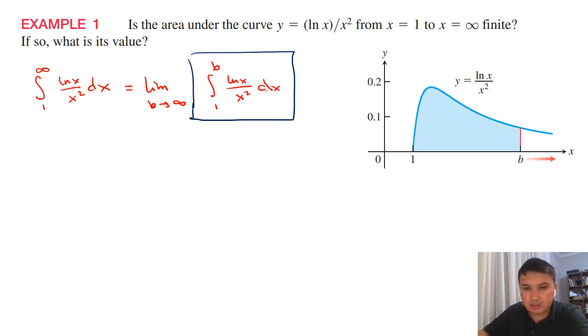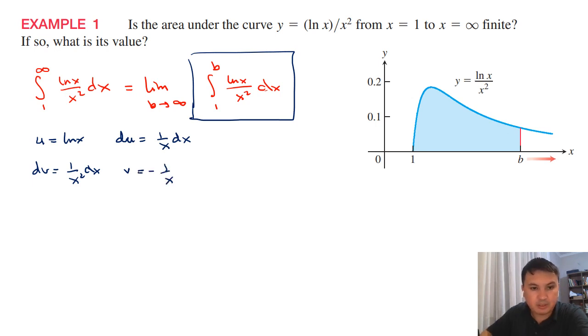Well, this is integration by parts. Let's let u equal ln x, dv equal to the rest, 1 over x squared dx. Then du is 1 over x dx. Here v is minus 1 over x. So let's rewrite the integral from 1 to b of ln x over x squared dx.